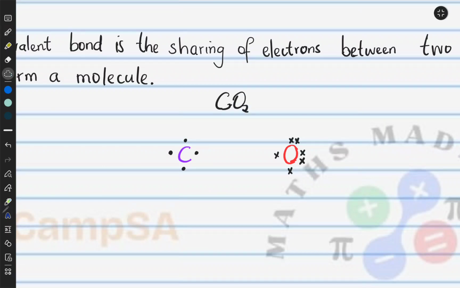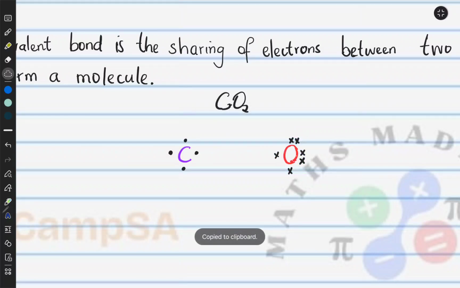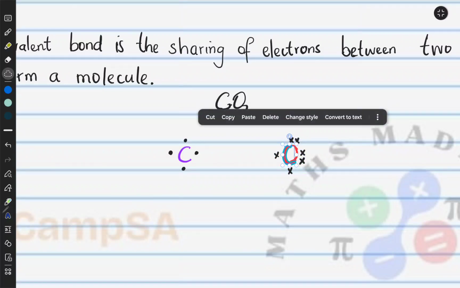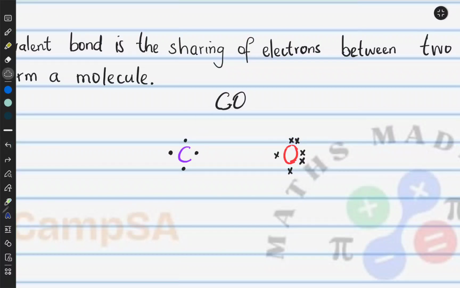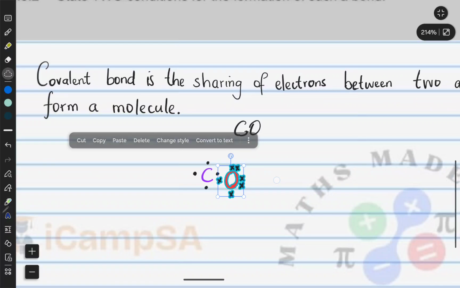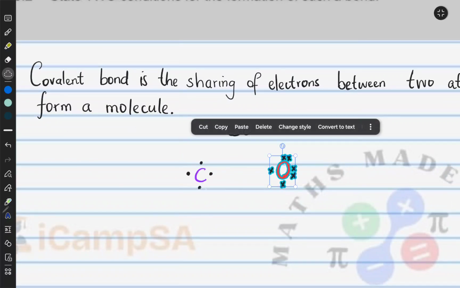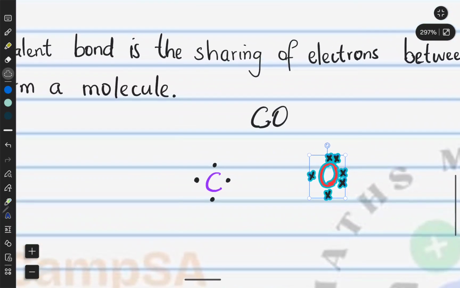So how it bonds is this oxygen and another oxygen, of course, will come and share with carbon. Okay, let me draw it from scratch because the sharing here is interesting.